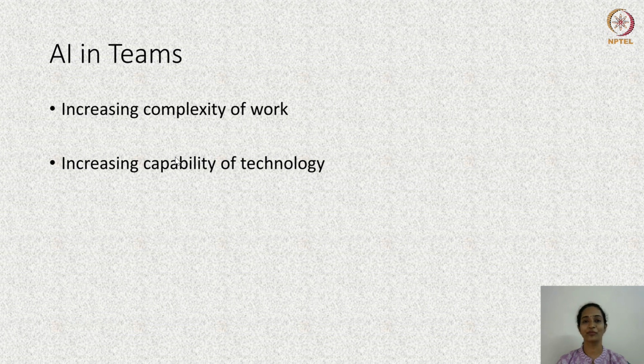Team researchers have been looking at different ways to improve the productivity of teams. Teams, though heavily utilized by organizations, are plagued with different problems. There are problems in communication, there are problems which are associated with conflict.